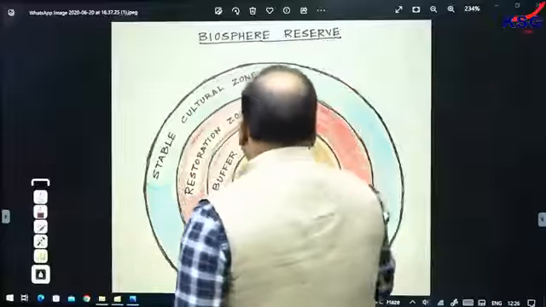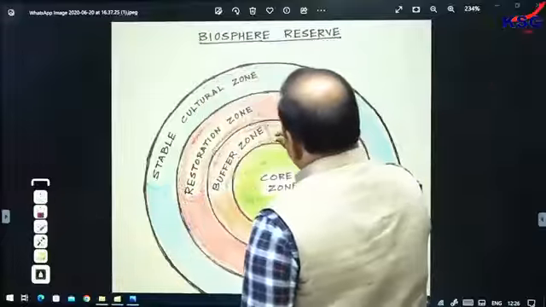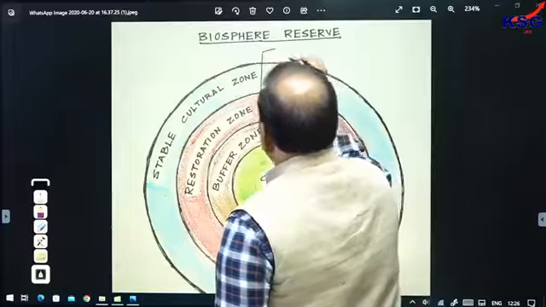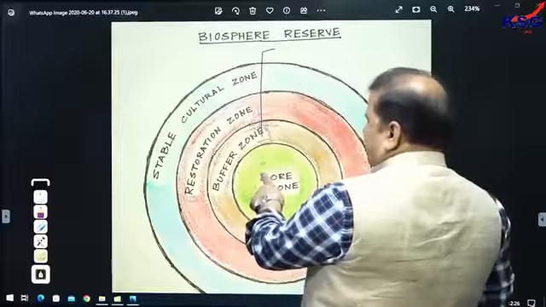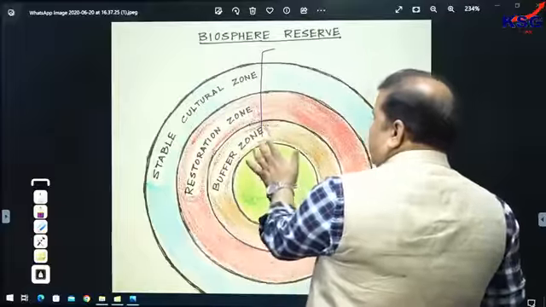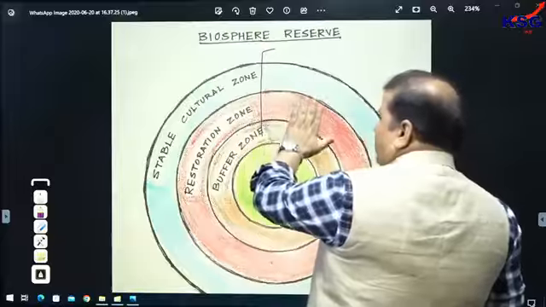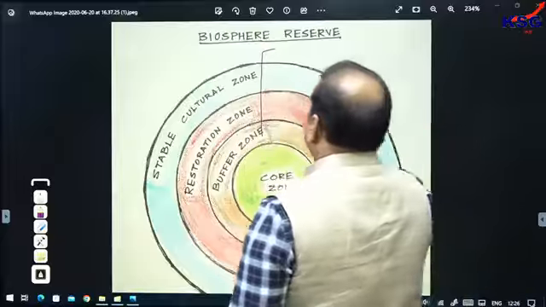Now, the second area is called the buffer zone. Here we say human intervention on a low scale would be allowed.